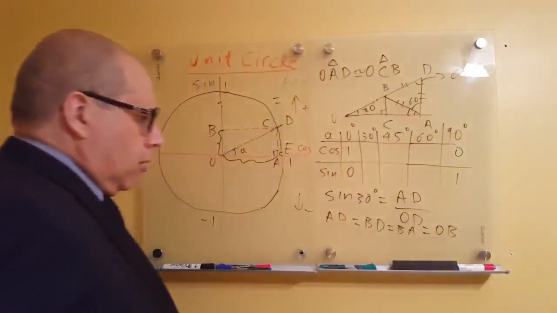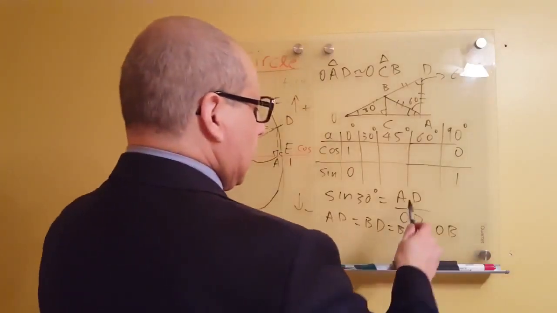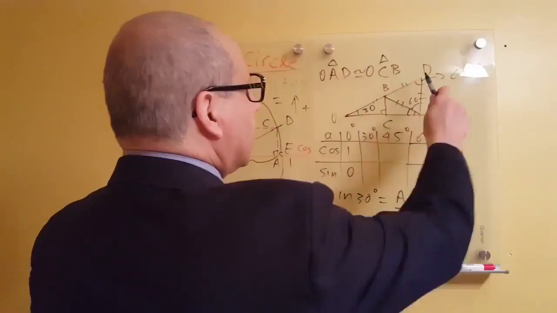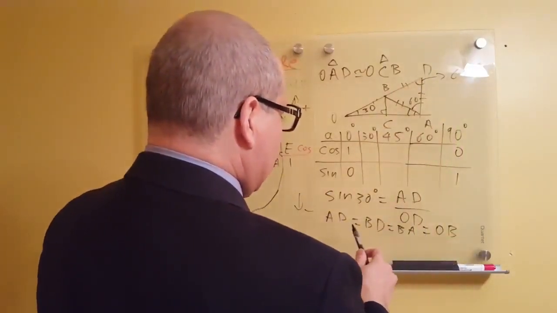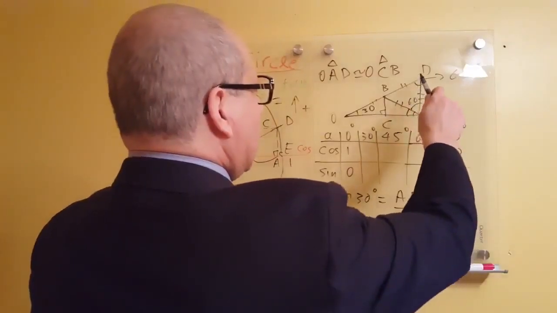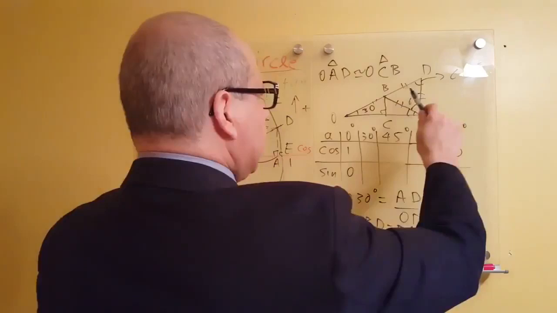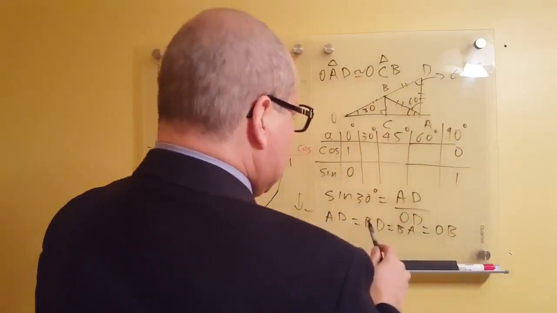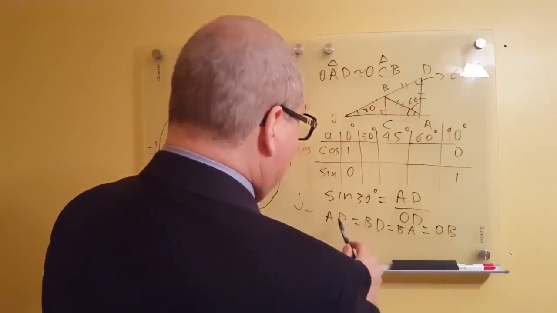So what does it mean? It means that the OD is equal with what? It's equal with OB plus BD. So since all of them are equal, it's equal with 2.